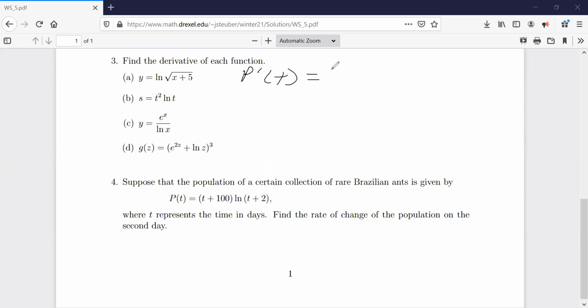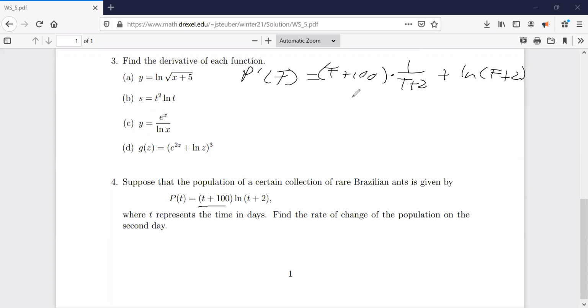So the first, t plus 100, times the derivative of the second, 1 over t plus 2, plus the second times the derivative of the first, but the derivative of the first is just 1.